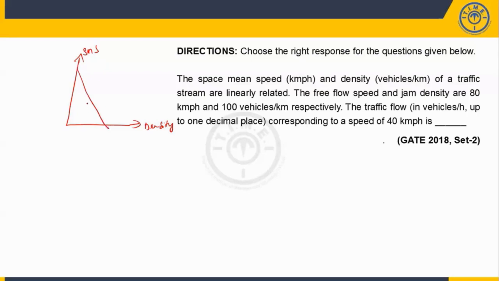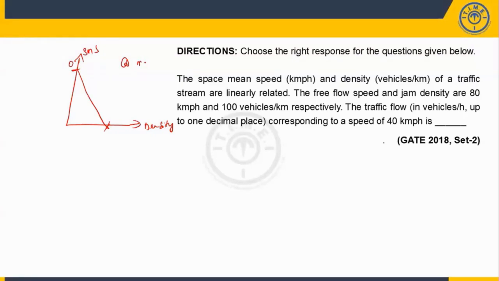That is, when you have maximum density, speed is zero.